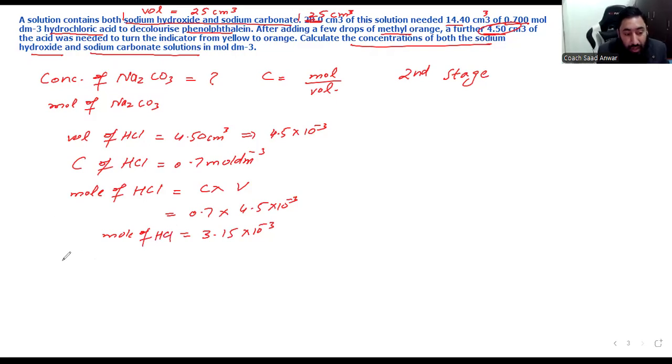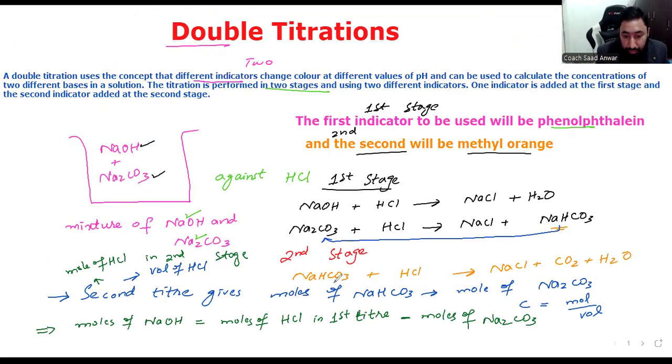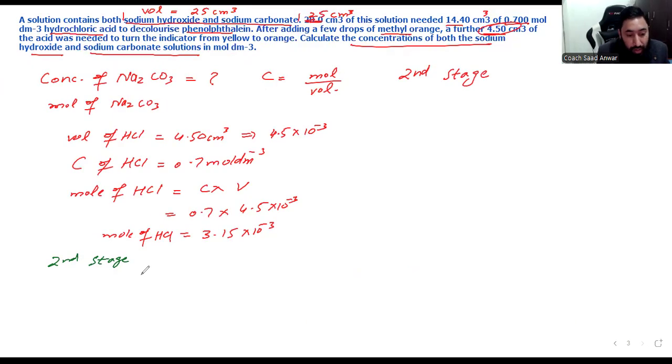Now, in the second stage, that was the equation: sodium hydrogen carbonate is reacting with HCl. This is 1:1, so the ratio of HCl to sodium hydrogen carbonate is 1:1. If HCl is 3.15 times 10 raised to power minus 3, sodium hydrogen carbonate must be the same.